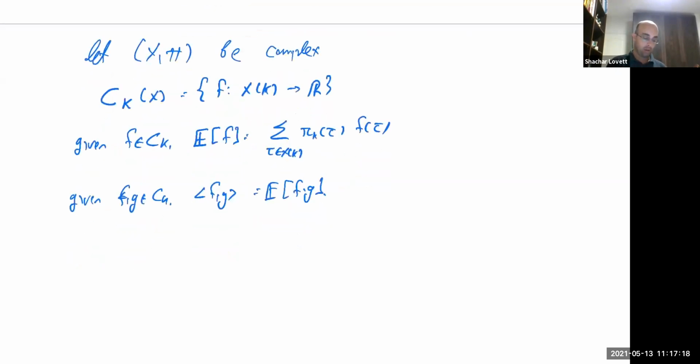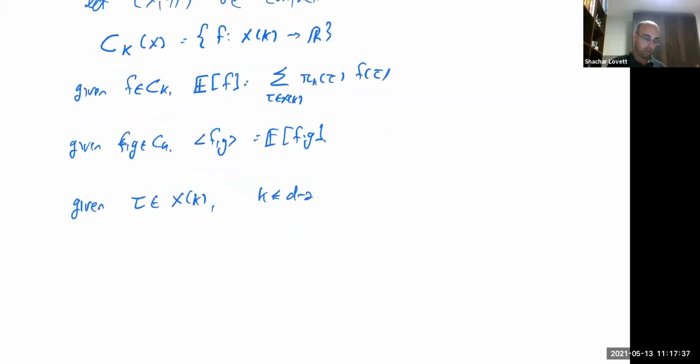And we needed two definitions about links. So let's do it in general. Given a face tau in X^k, where k is at most d minus 2, we needed two definitions. So one definition was just A_tau, which is the adjacency matrix.